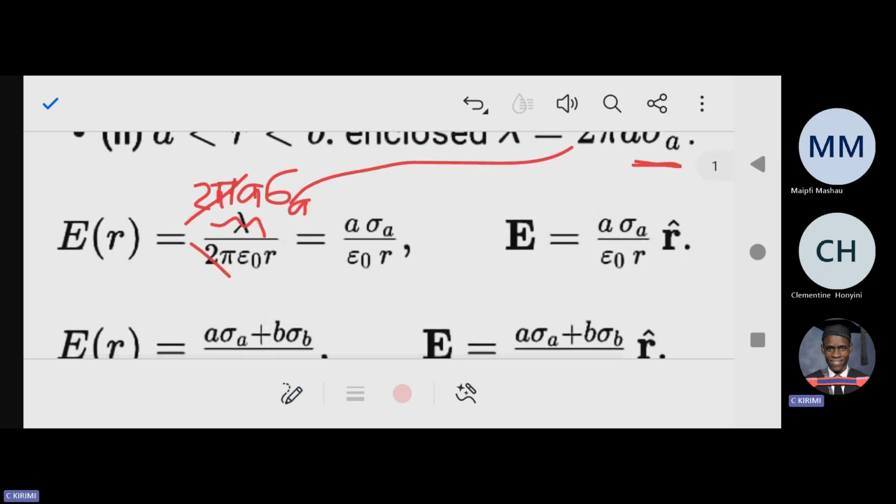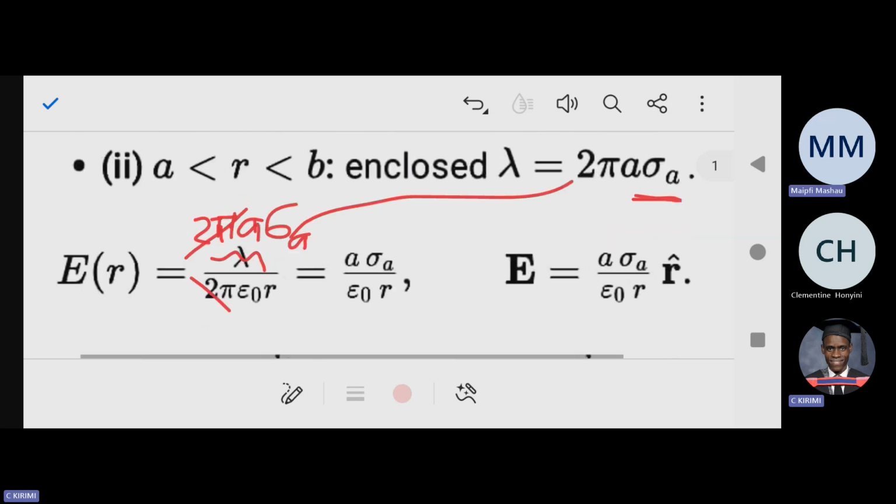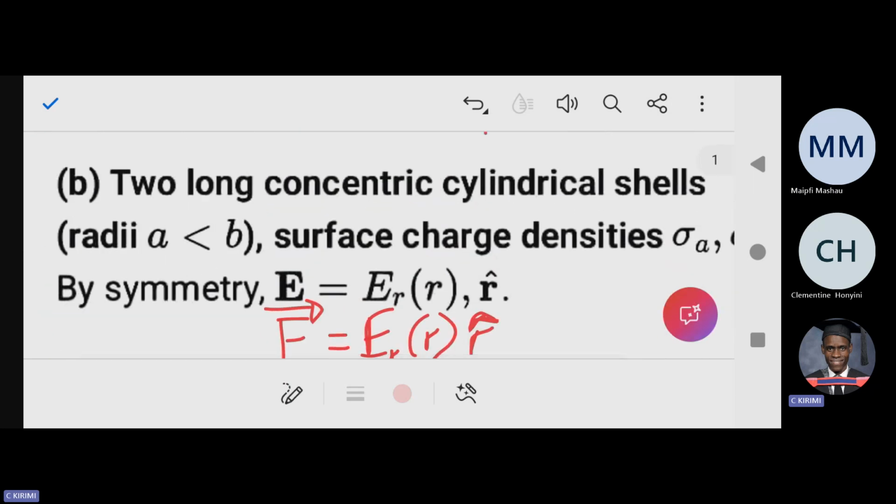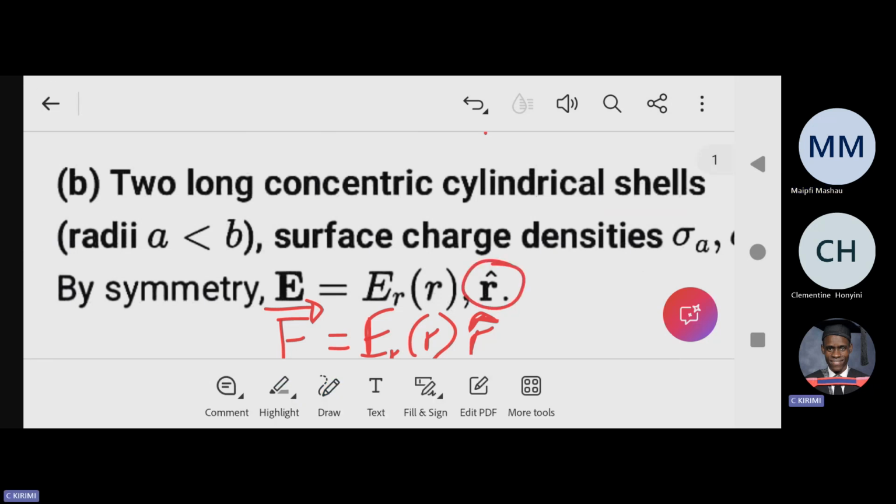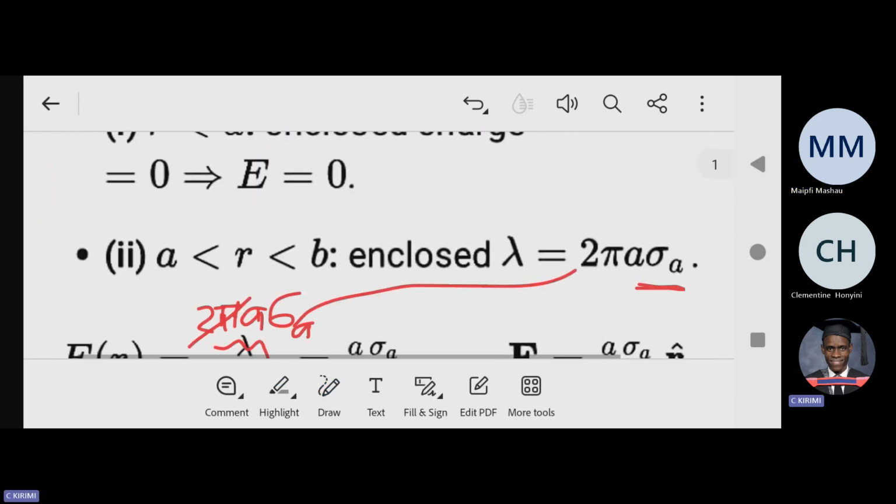So that is the electric field. So the electric field as a vector, remember we said our E as a vector. If you want this E as a vector, you introduce that component, R, as a unit vector.